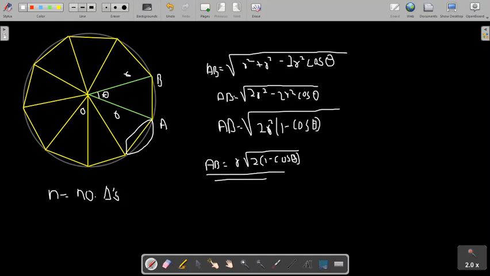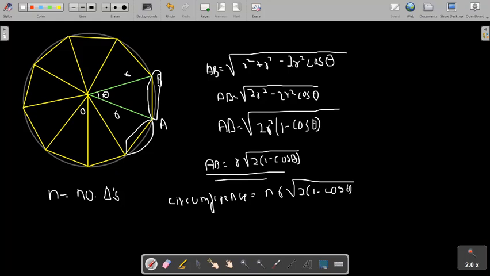If we wanted the circumference, it will be nothing but the length of AB times the number of triangles. So we multiply and we get n times r times the root of 2 times 1 minus cosine of theta.